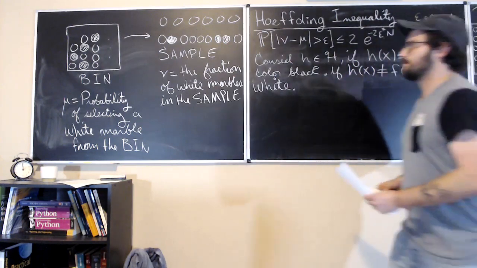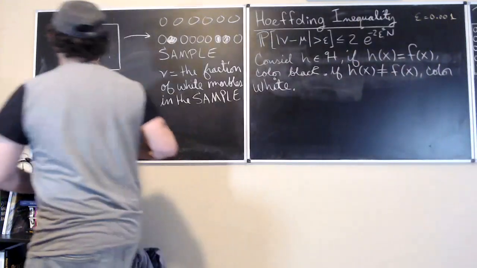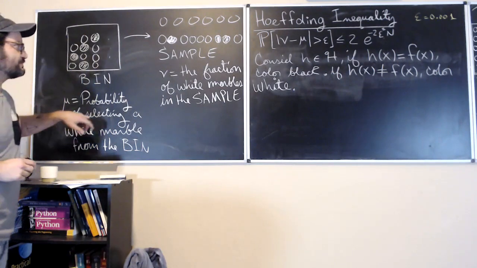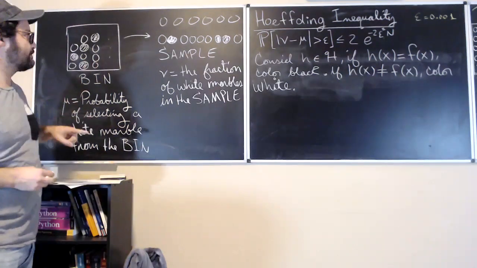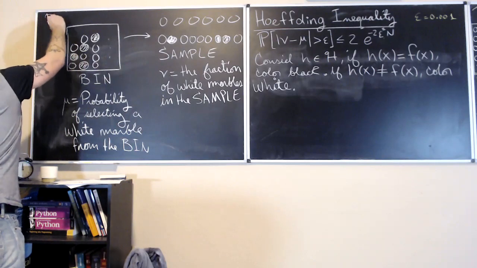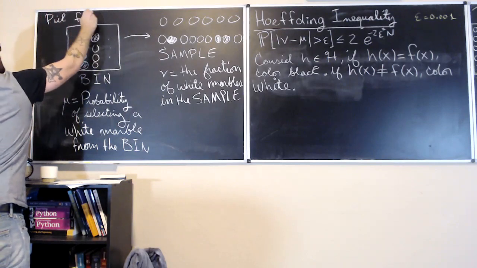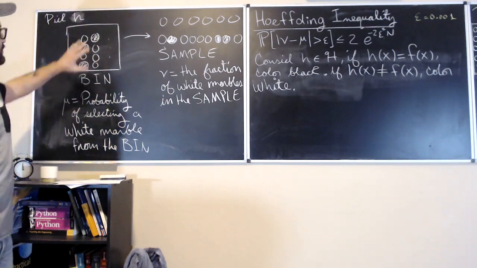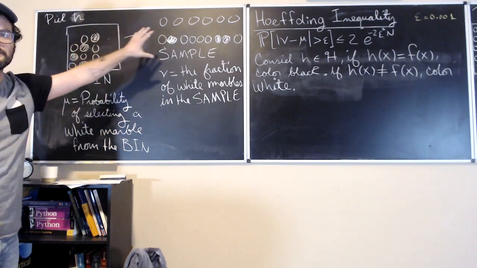So notice now, we don't know F, just like we don't know mu, right? We don't know mu, and we don't know F. So once we pick H, we do get a coloring just like this, right?